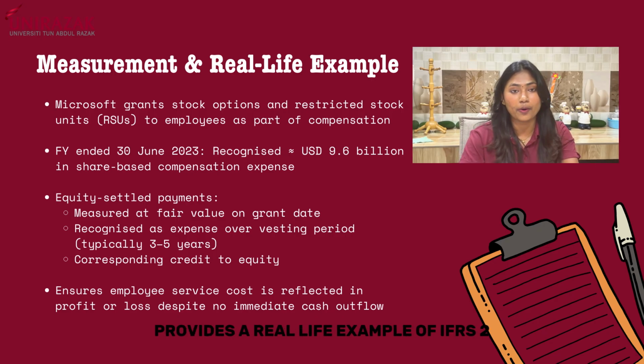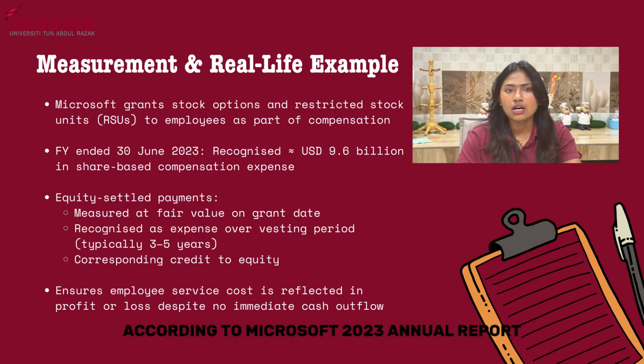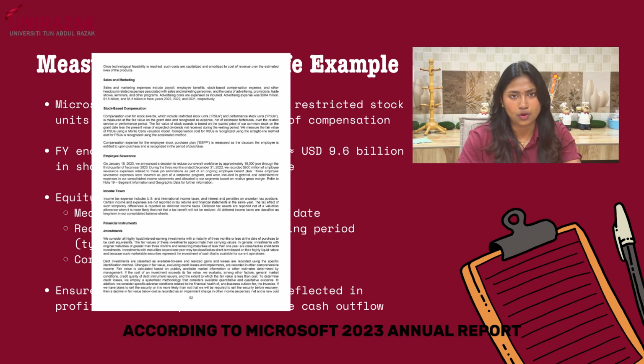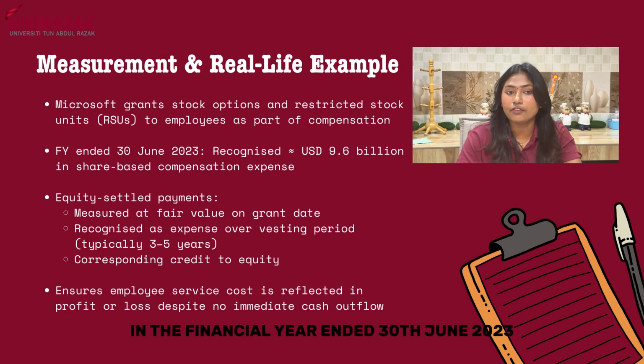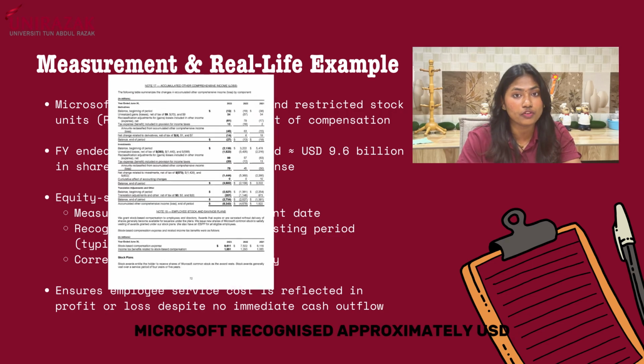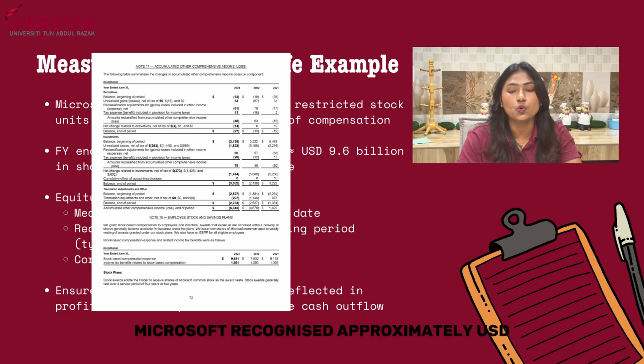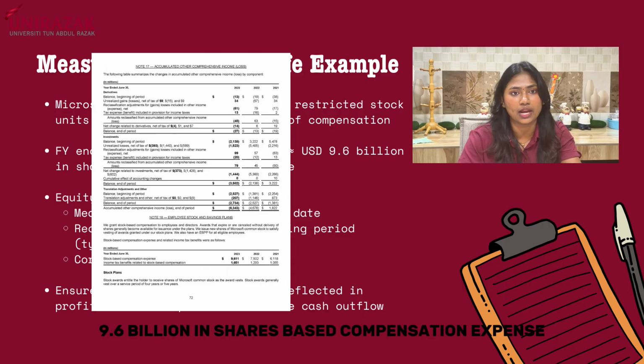Microsoft Corporation provides a real-life example of IFRS 2 share-based payments. According to Microsoft's 2023 annual report, the company grants stock options and restricted stock units to employees as part of its compensation strategy. In the financial year ended 30th June 2023, Microsoft recognized approximately $9.6 billion in share-based compensation expense.